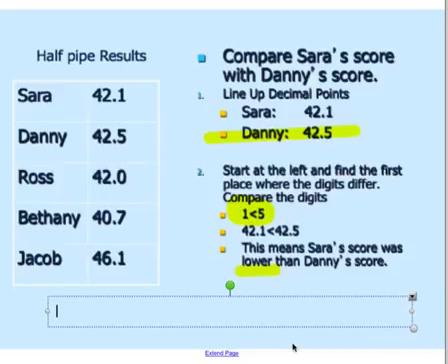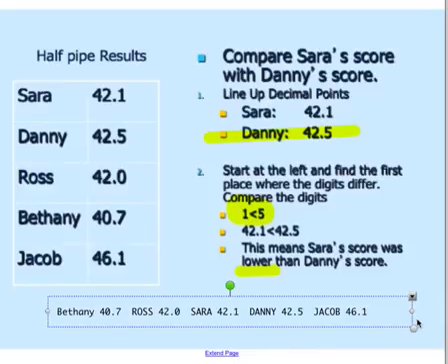If you put them in order like this, Bethany, 40.7 as the lowest, then Ross with 42.0 next, Sarah at 42 1/10 third, Danny with 42 5/10, and the highest score was Jacob with 46 1/10. That should be the correct order.